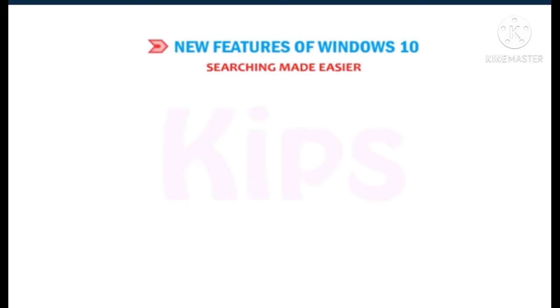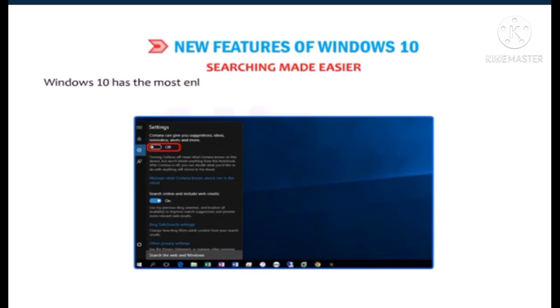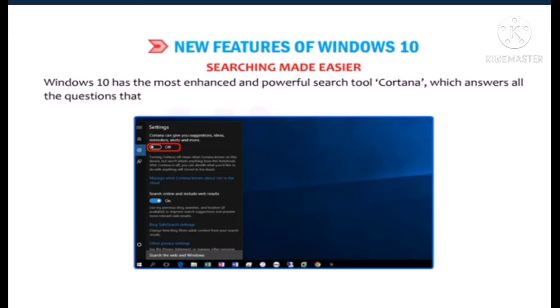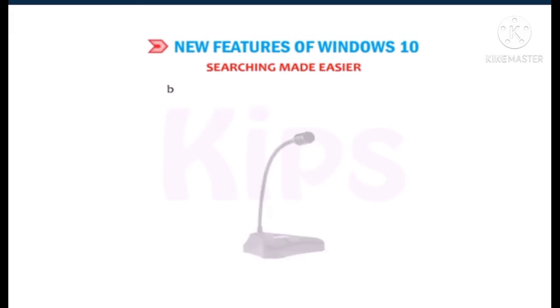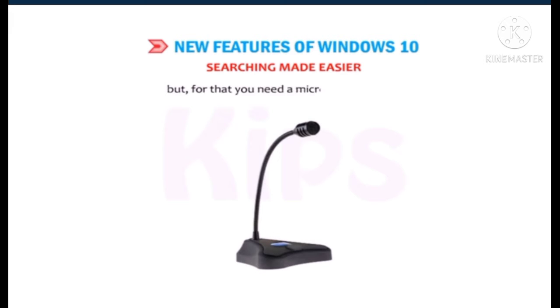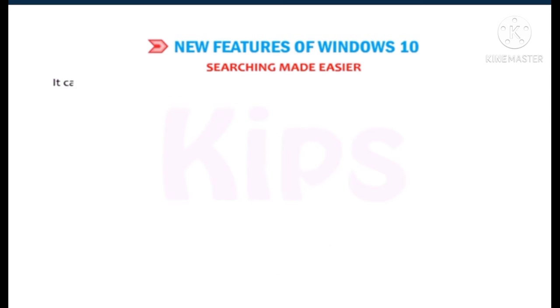Searching made easier. Windows 10 has the most enhanced and powerful search tool, Cortana, which answers all the questions that you ask either in text or verbally. But for that you need a microphone to talk. Here are certain things that Cortana can do for you.